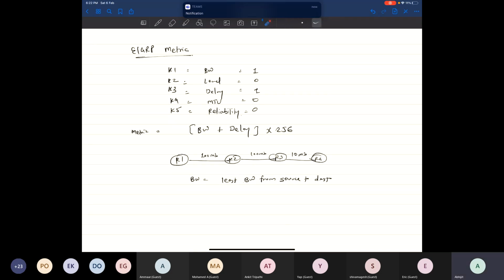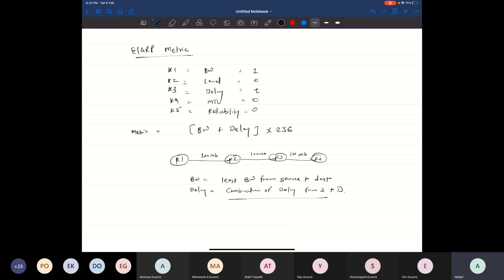If you have a common bandwidth, let's say 100 Mbps throughout, then it will be considered 100 Mbps itself. The second value that will be considered is delay. Delay is the combination of delay from source to destination.